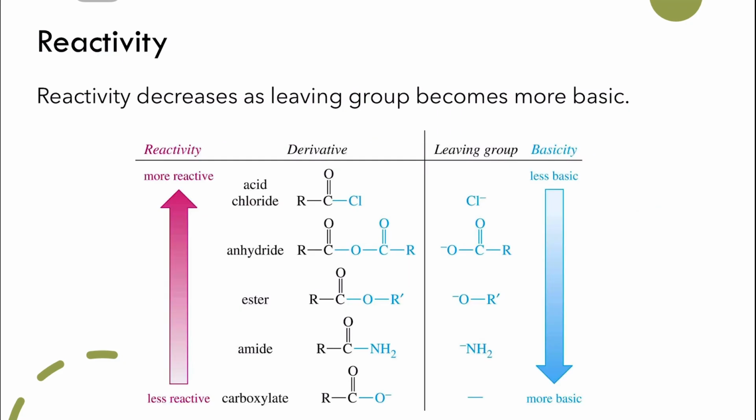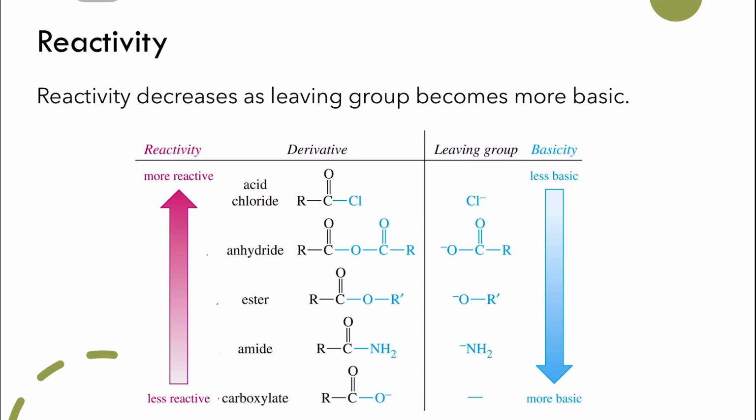So what controls this kind of reaction, and which group will act as a leaving group and which one will be the nucleophile? This is controlled by the reactivity of the different acid derivatives. The reactivity of the acid derivatives goes down from acid chloride until the carboxylate or the carboxylic acid. The acid chlorides are the most reactive acid derivative, followed by the anhydride, then the ester, amide, and then carboxylate.